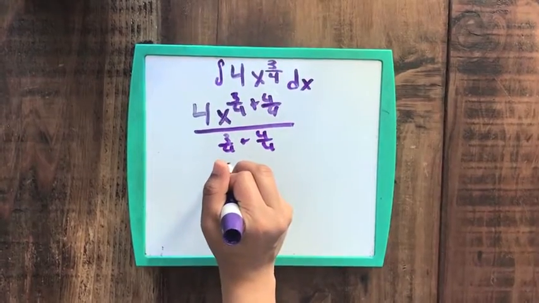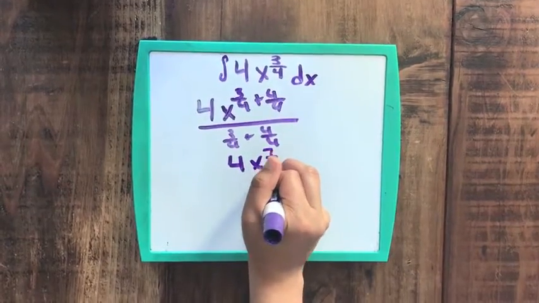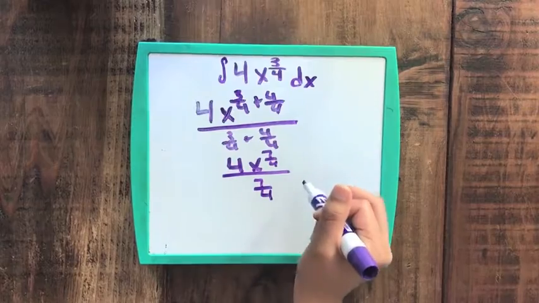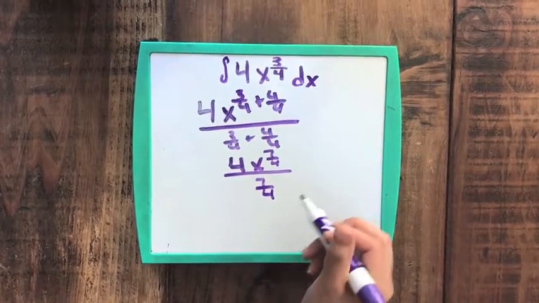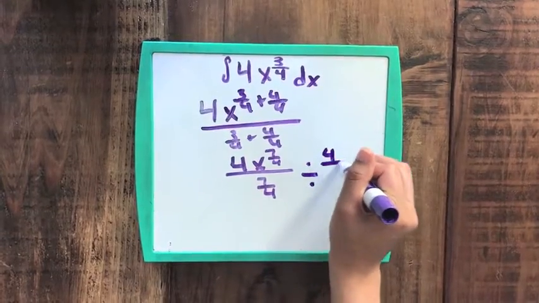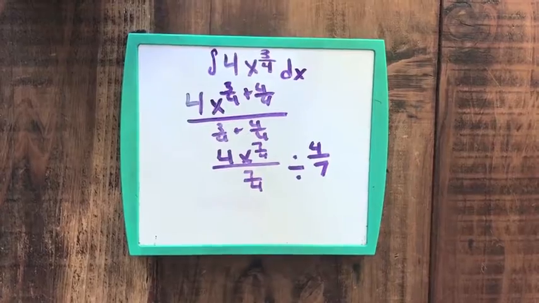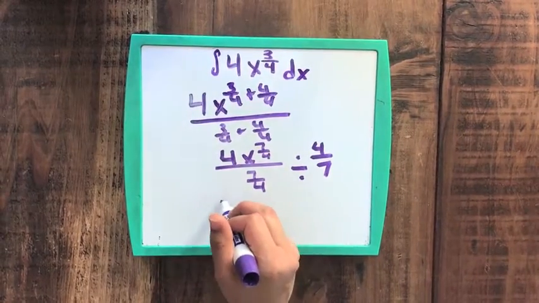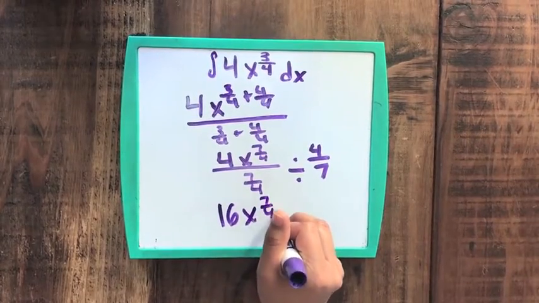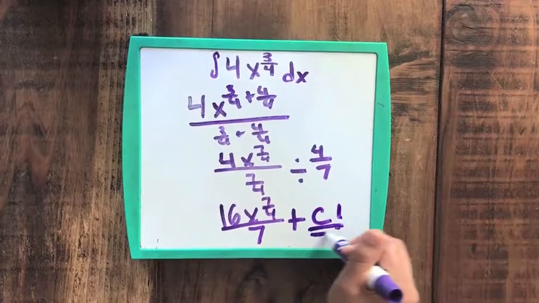And this leads us to 4x to the 7 over 4 divided by 7 over 4. And then in this step, we're going to divide this by 4 over 7 because we're going to take the reciprocal. And now we're going to get our final answer, which is 16x to the 7 over 4 divided by 7 plus c. And don't forget the plus c.